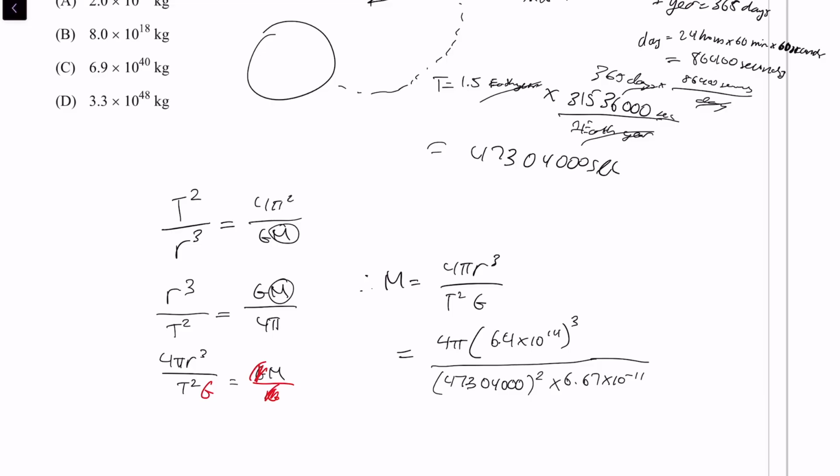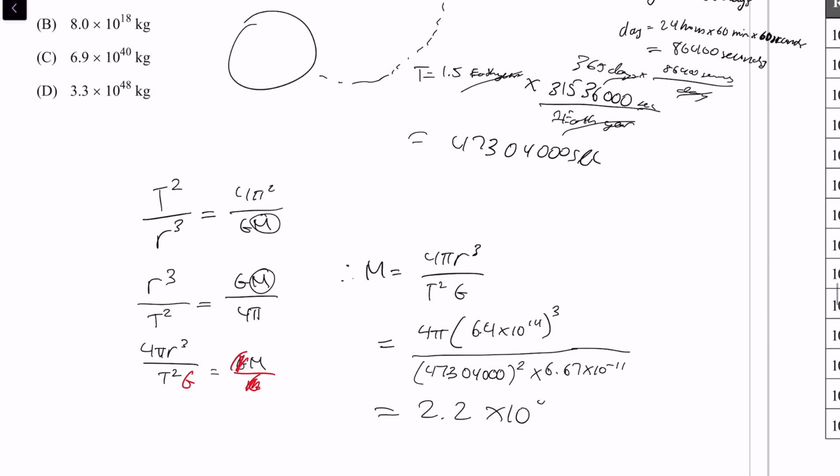Hopefully I actually get a value that works. Okay, I got 2.21, or just rounding it to one decimal place, 2.2 times 10 to the 40.